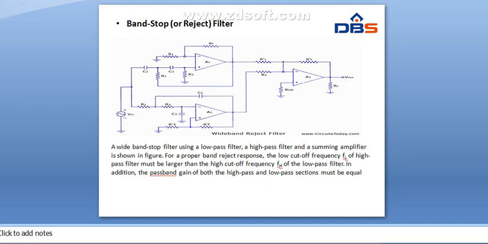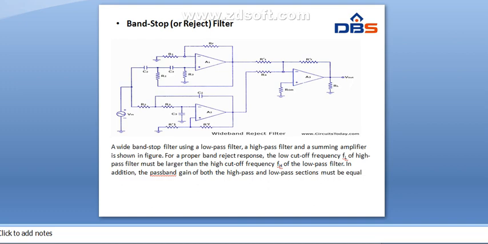So in the band reject filter, it eliminates some band of frequencies and it allows the remaining frequencies.